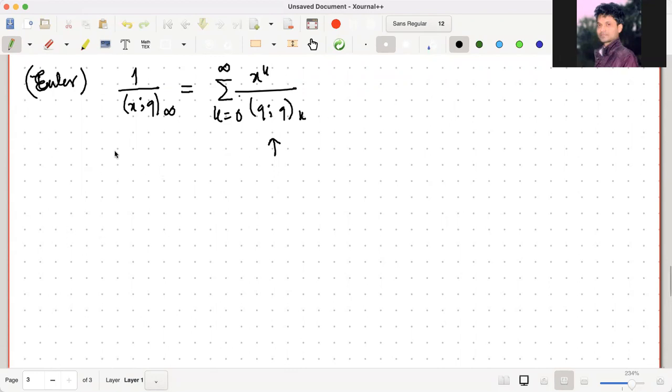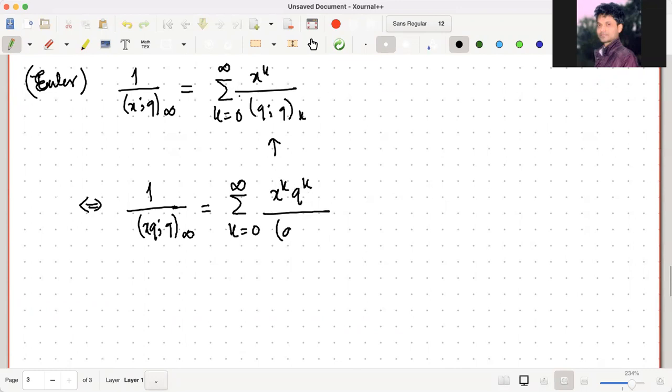some q-series method. So this is the same thing as if I just replace x by xq. Okay, so I'm just going to replace x by xq, and this will actually give what I just said. So the sum over k from 0 to infinity, x to the power k, q to the power k, over (q)_k.